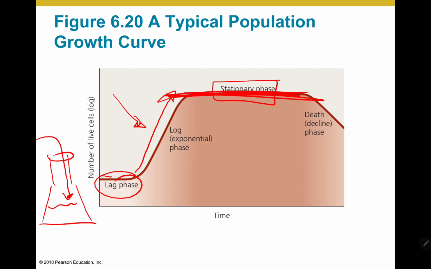Then the stationary phase is where you see this plateau. At the stationary phase, the amount of bacteria being born equals the amount of bacteria that are dying. That's why you have a stationary phase. There are still nutrients in there and the bacteria are using them, but through metabolism they produce waste products, and those waste products start to build.